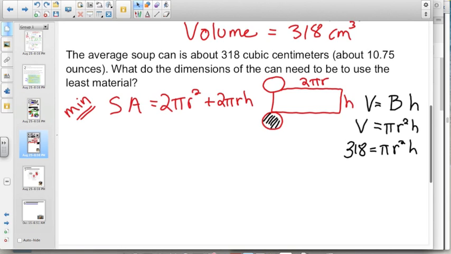And how do you know how to make that decision? Can you make a wrong decision here? I see some people shaking their head no, and you can't make a wrong decision here. No matter what you decide to keep, you'll get the right answer. But there is one way to solve this that is easier than the other.